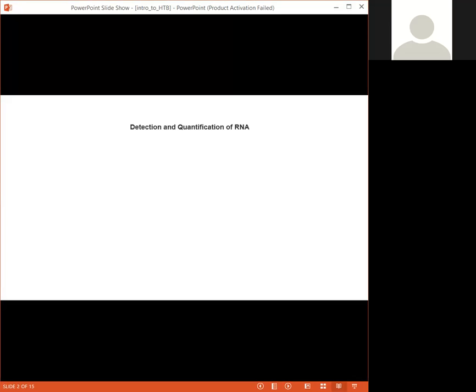So we will start from the very basic idea: how can we detect and quantify the RNA present inside the cell? Most of you know the details of this technique because you have already studied it, right? So can you say some points on this?